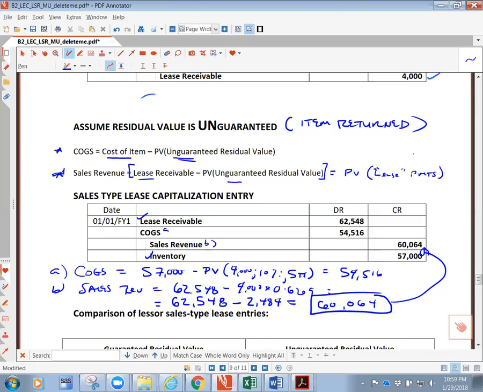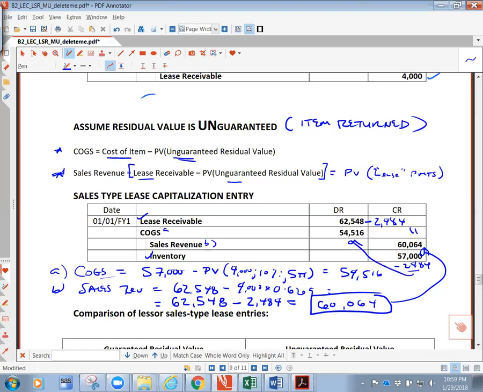So you end up subtracting the present value of the residual value from the inventory cost to get the cost of goods sold, and the present value of the unguaranteed residual value from lease receivable to get sales revenue. So 62,548 minus 2,484 equals this, and 57,000 minus 2,484 equals that.